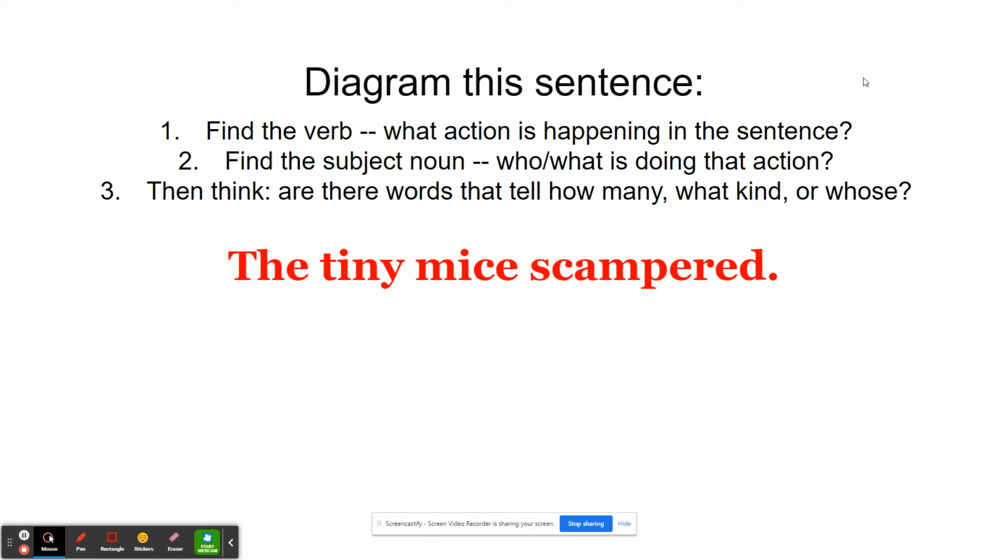The tiny mice scampered. So if you're working on this video at home, right, start with your diagram model, right, and think, what action is happening? Verb.